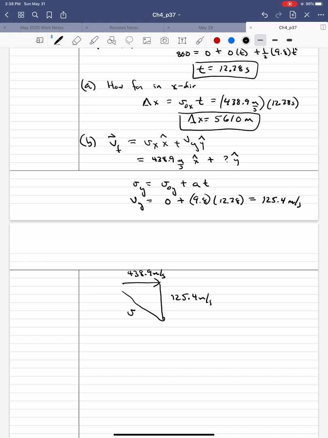And so the final speed is the hypotenuse of this triangle, 438.9 squared plus 125.4 squared. And so the final speed works out to be 456 meters per second.